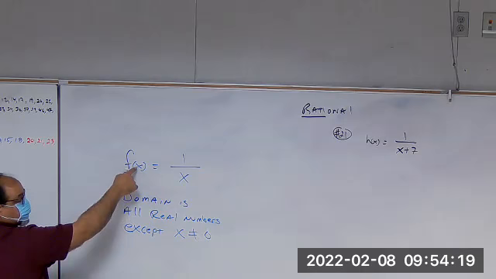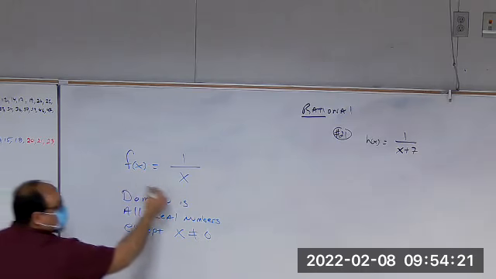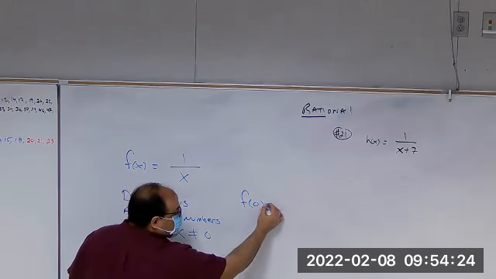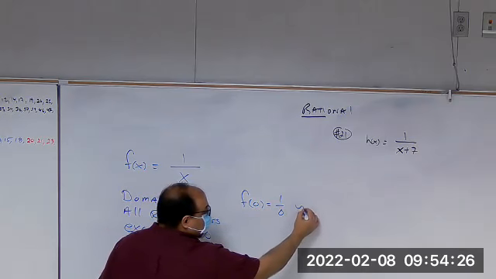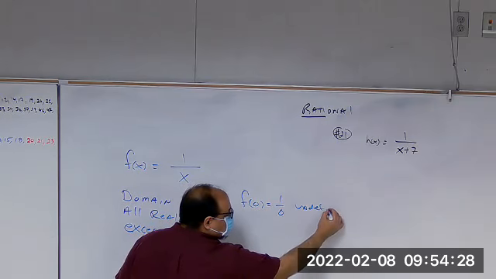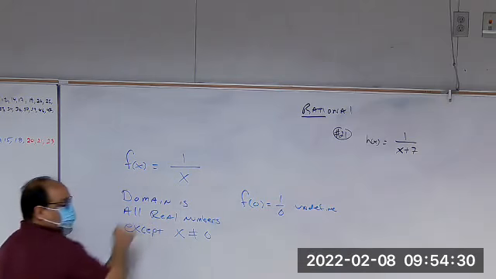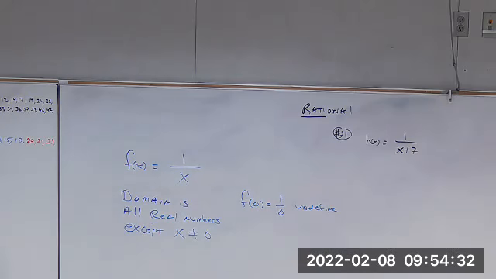You cannot plug in 0 for x. Because if you try to do f of 0, you get 1 over 0, and that's undefined. You can't plug 0 in for that x. Not allowed. So that's what you have to be worried about, is what would make the denominator 0 if it's rational. If you got x's down there.